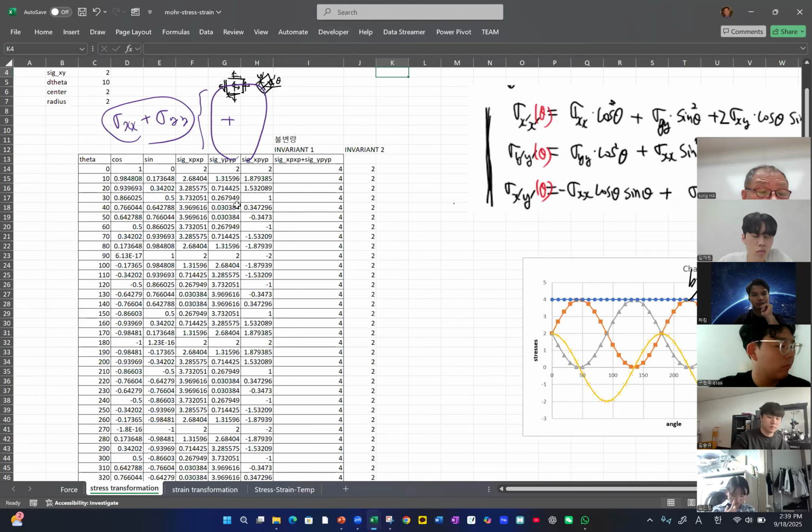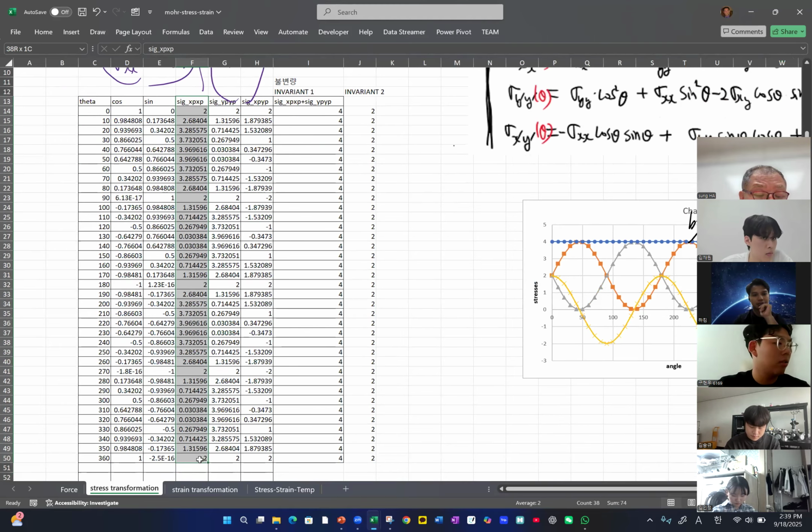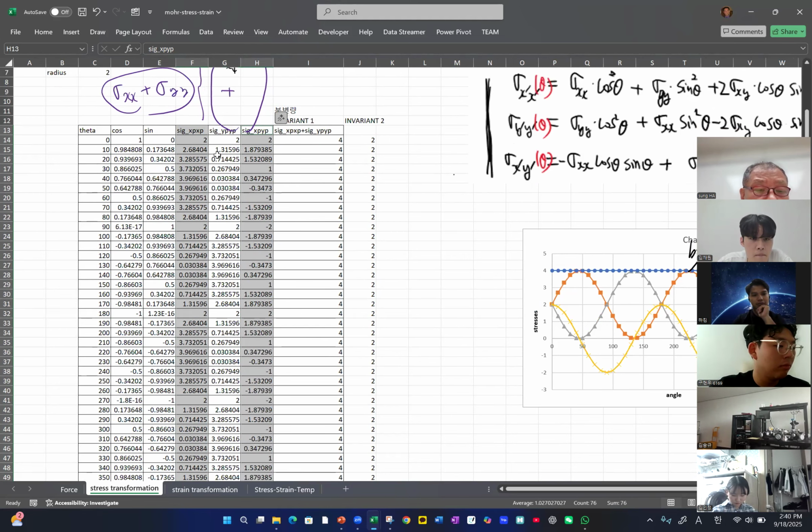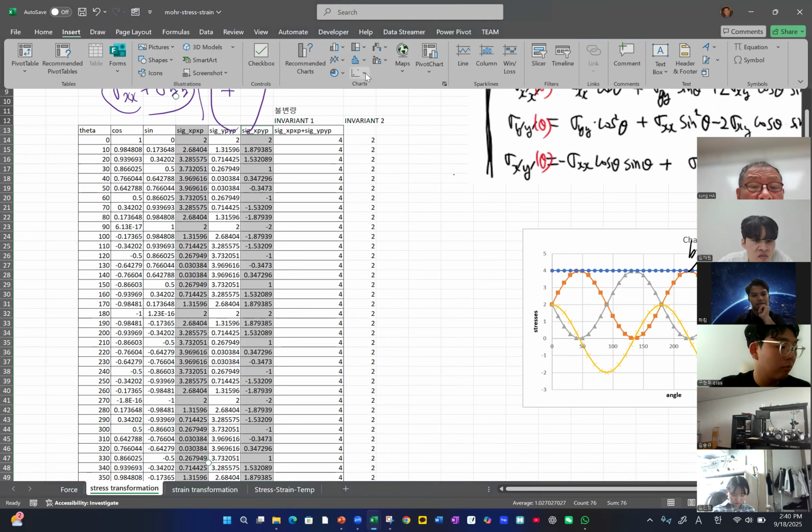Okay, just sigma x prime. Instead of an angle, we just try to plot sigma x and sigma xy. You understand what I'm trying to do? Sigma x prime, sigma x prime y prime. And let's try to plot that.